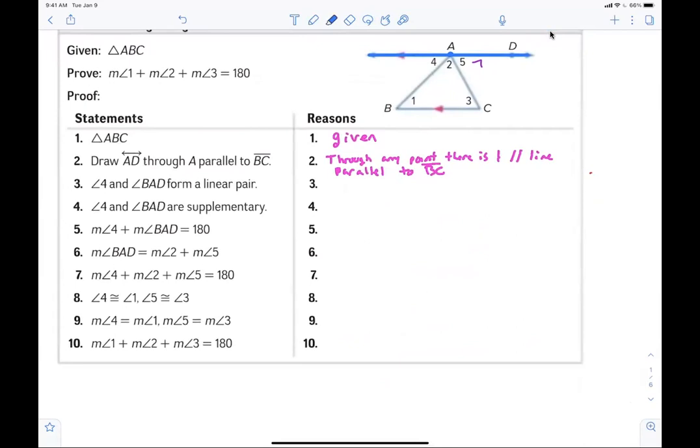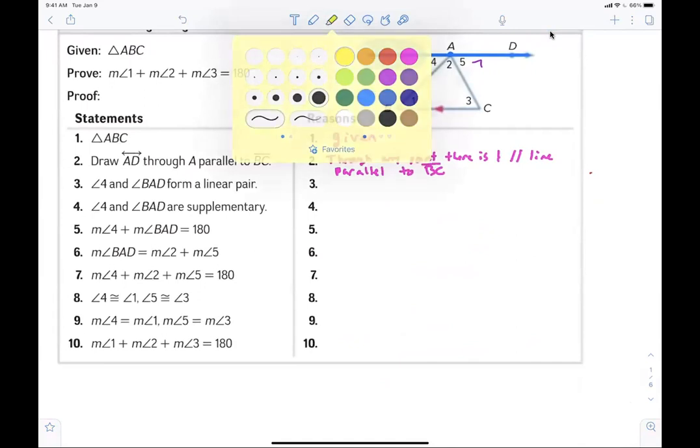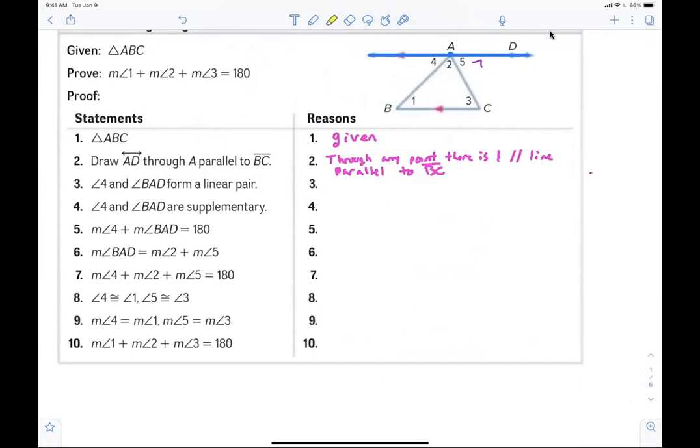So now angle 4, this angle right here, plus BAD form a linear pair, and we can say definition of linear pair.